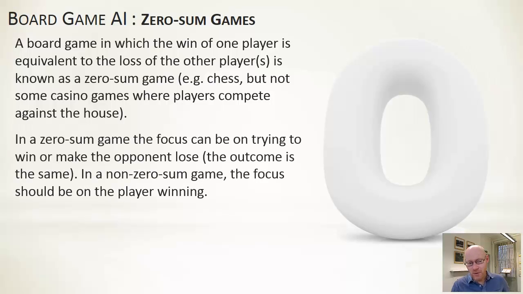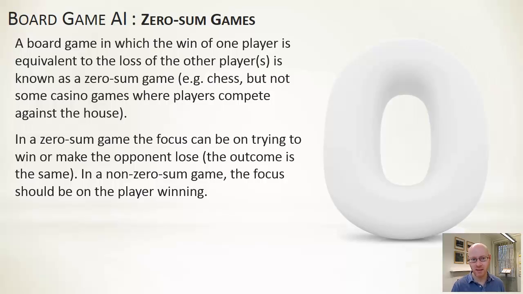The interesting thing about a zero-sum game, and this is key to the artificial intelligence around it, is that there are two ways you can approach an AI playing a zero-sum game. You can either focus on trying to get the player to win, or you can focus on making the opponent lose. These are flip sides of exactly the same coin.